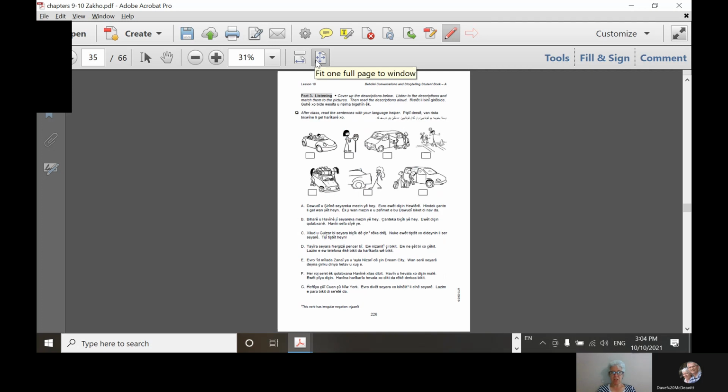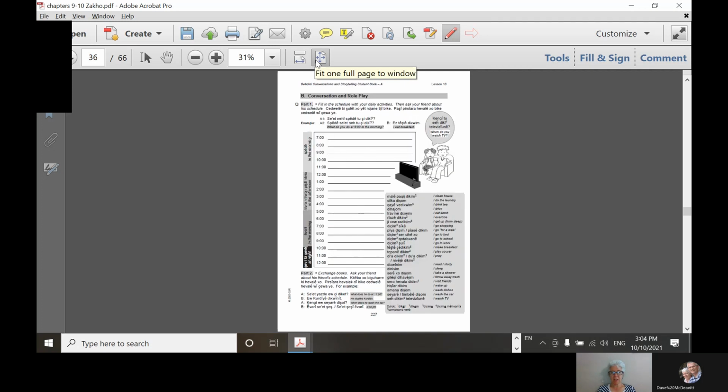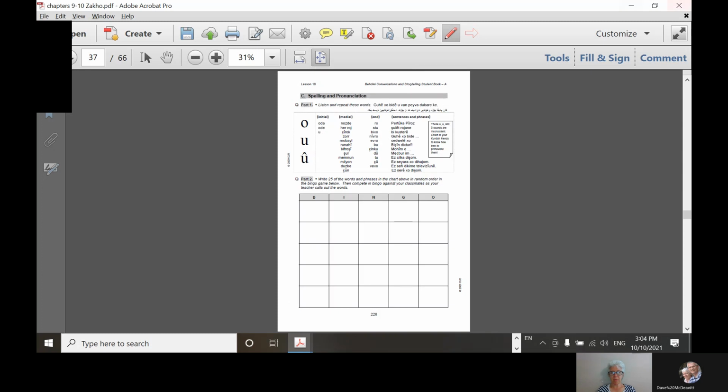In part 3, you can do that with your audio recordings. Section B has more vocabulary. You can work on this with your language helper. Section C, you can do that with your language helper or a friend. Use the audio recordings.